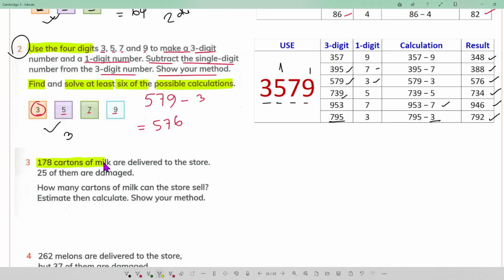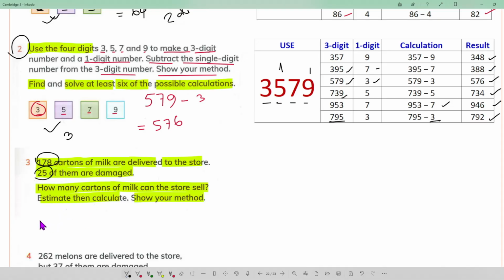178 cartons of milk are delivered to the store. 25 of them are damaged. How many cartons of milk can the store sell? Estimate then calculate. Show your method. Look, here are 178 cartons and 25 damaged cartons.